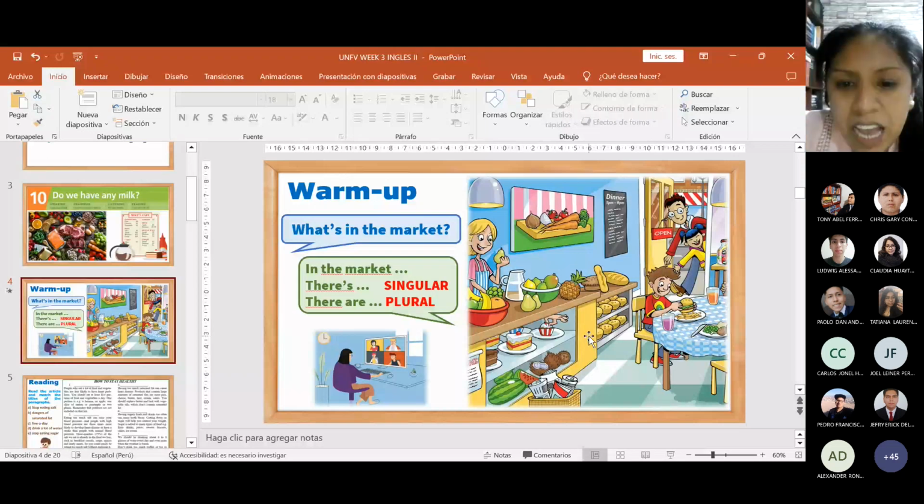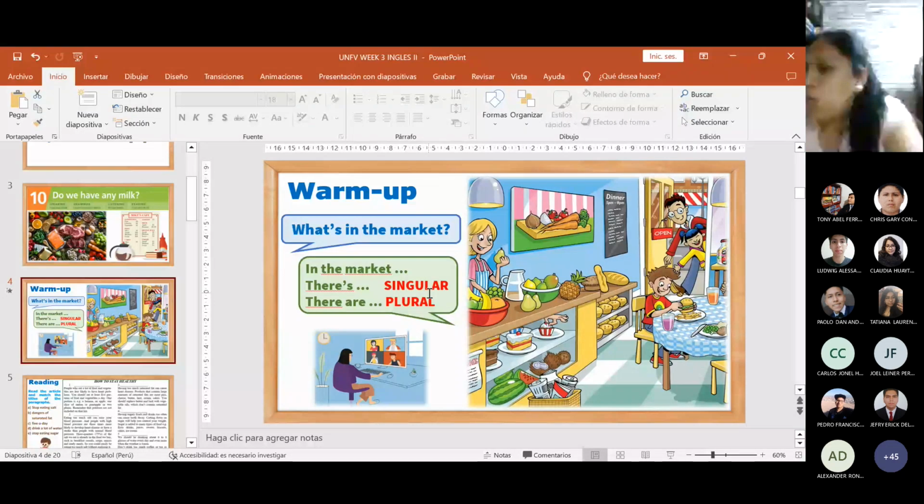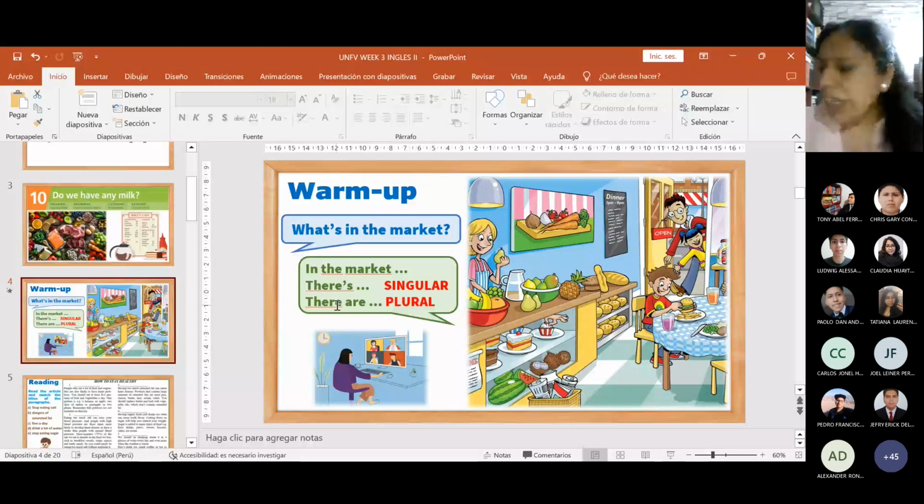I use "there is" when it's singular, one product, one item. "There are" when you have many items, muchos, plural. Look at that. For example, there is a pineapple. Una sola piña.